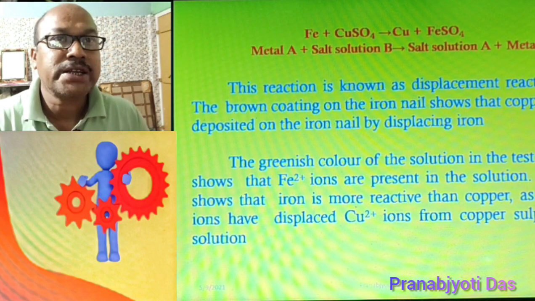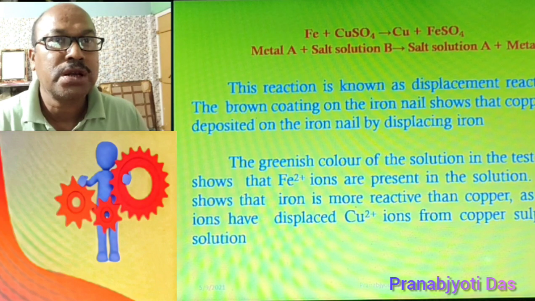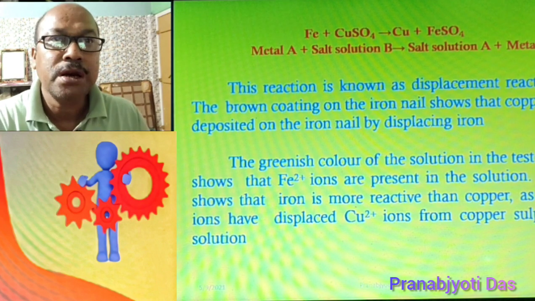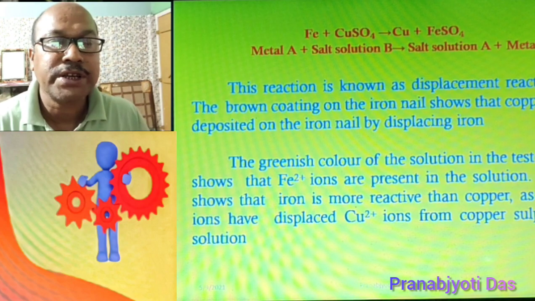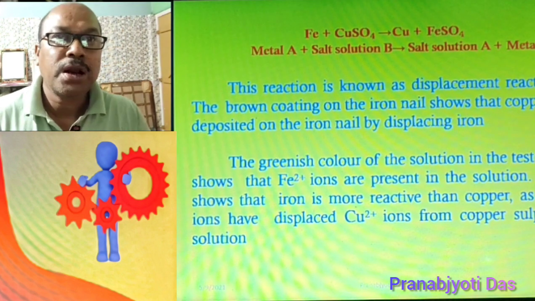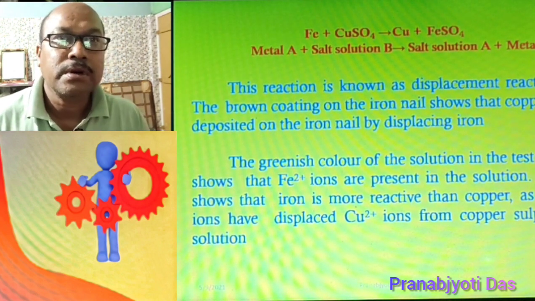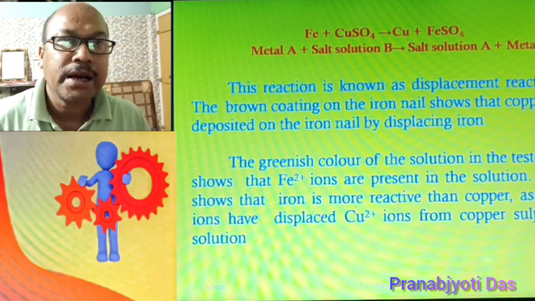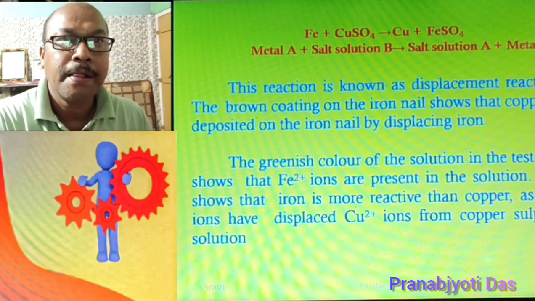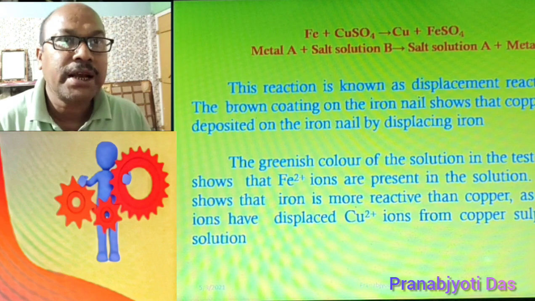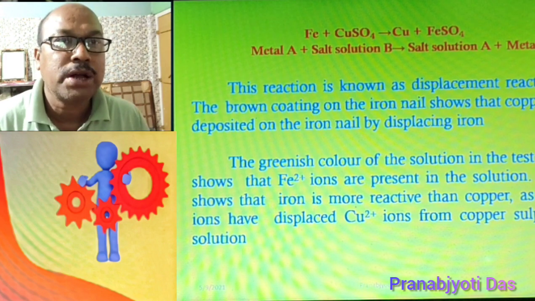But after the reaction is finished, the solution has turned to ferrous sulfate, not copper sulfate. Remember, only copper sulfate is blue in color, but ferrous sulfate is colorless or pale green. That is why the blue color disappeared and the color in the test tube almost faded. But why was there a brown color around the nail?